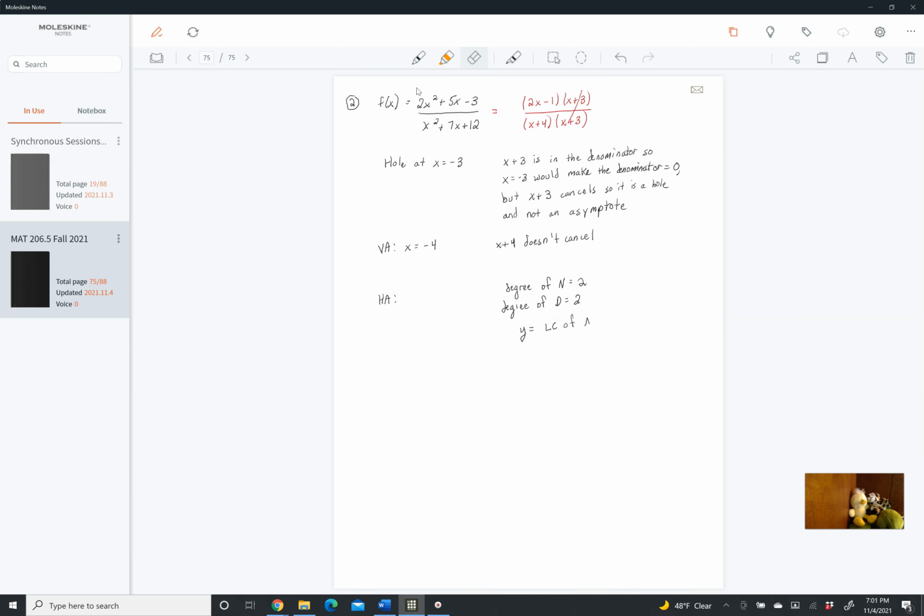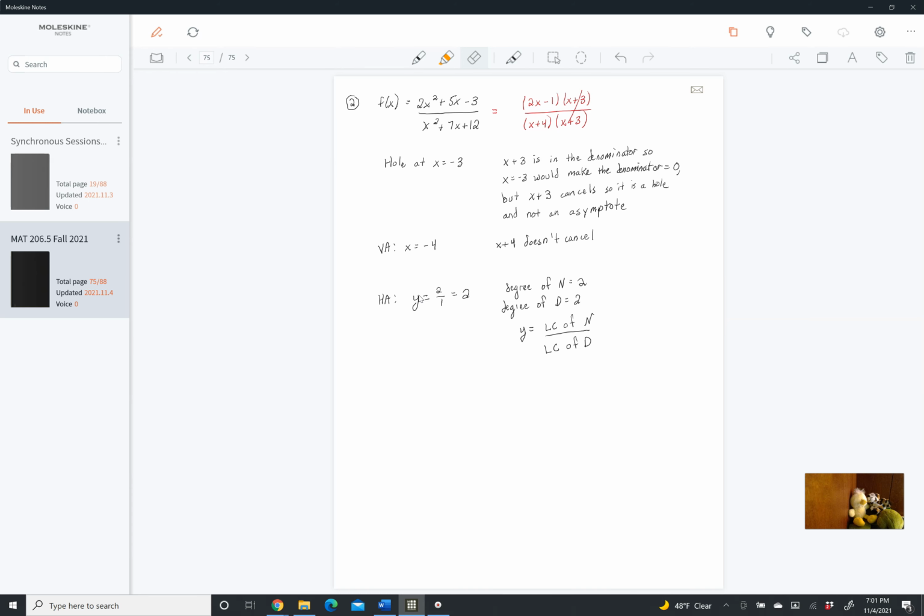We're going to look at the leading coefficient of the numerator over the leading coefficient of the denominator, because they're growing at the same rate. And if we're growing at the same rate, then we're looking at the ratio of the leading coefficients. Remember, that means that the 5x minus 3 can be ignored. The 7x plus 12 can be ignored because they're insignificant, which means that the x squared would cancel, and we would have y equals 2 over 1, or 2.